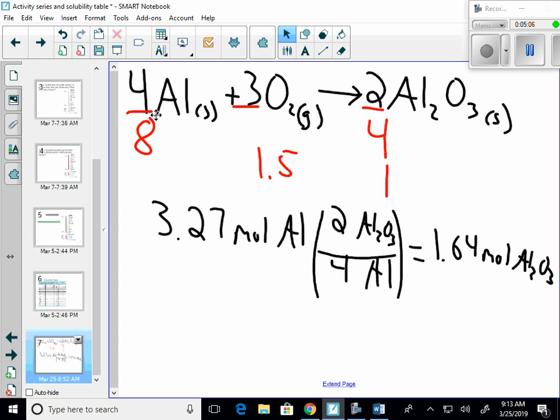A couple things I want to bring up about this. One is my unit is not just moles, but moles of what? Because this question could have asked you how many grams of oxygen would completely react with 3.27 moles of aluminum. So I want a complete unit when you do stoichiometry.